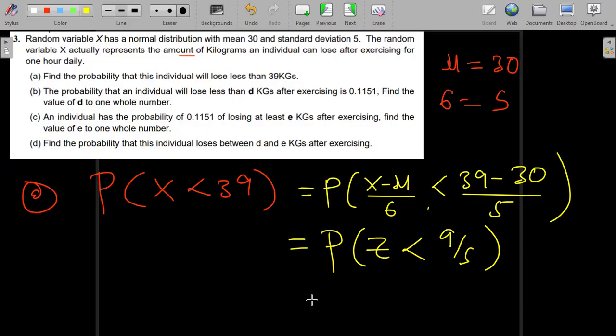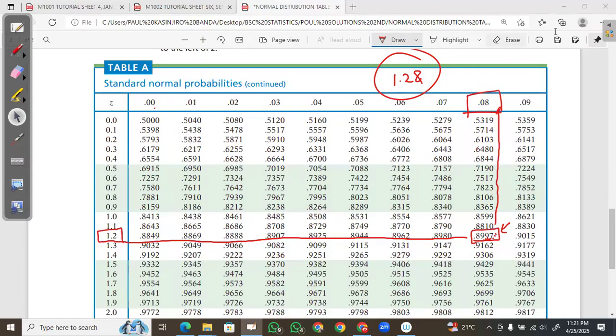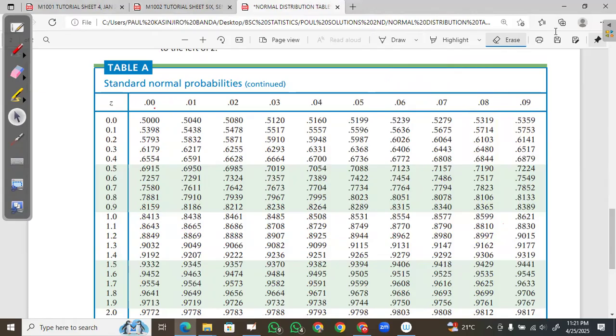What will this give us as a decimal? This will be the probability that Z is less than 1.8. Let me just punch that into the calculator. 9 divided by 5 is 1.8. So we're finding the probability that Z is less than 1.8. Let's go to the Z score table. For 1.8, we find 1.8 on the column and then 0.0 on the rows.